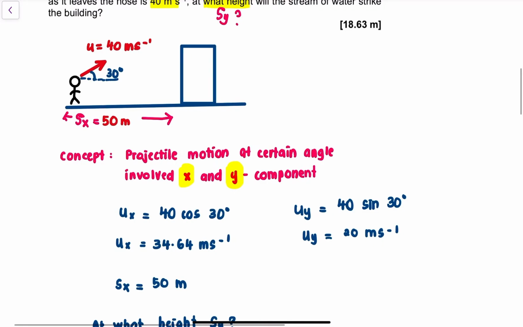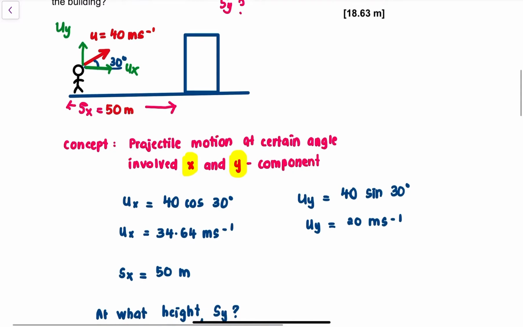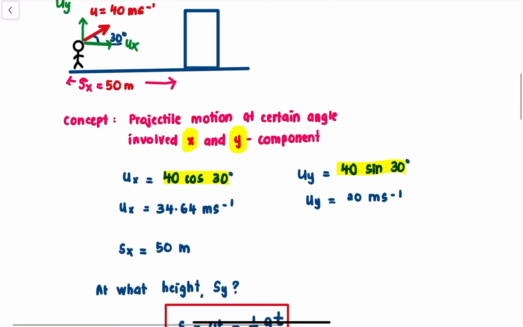We start with resolving the vector, so we need to resolve the initial velocity into y and also into x. From here, ux is 40 cos 30 and uy is 40 sin 30. Then we can determine ux in meter per second and also uy in meter per second.